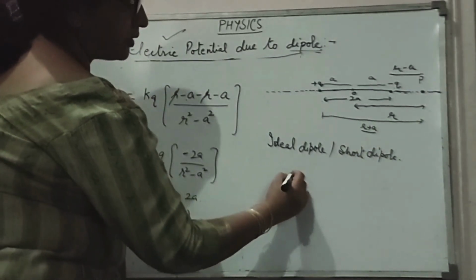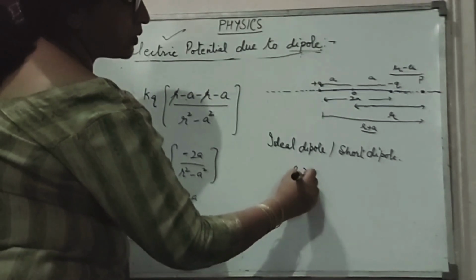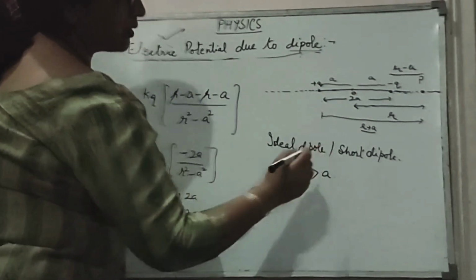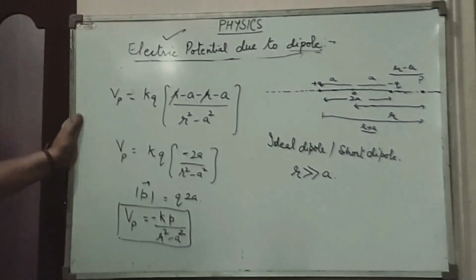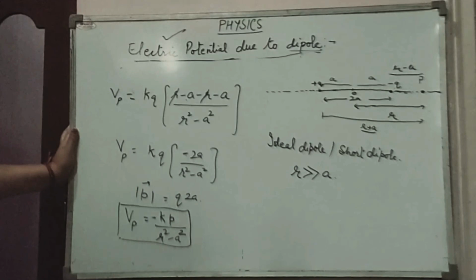It is a dipole in which R is very large as compared to A. It means the point P where we want to find the electric potential is very far from the center of the dipole as compared to the distance between the two charges.